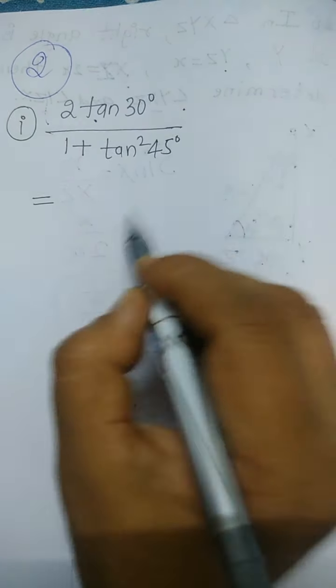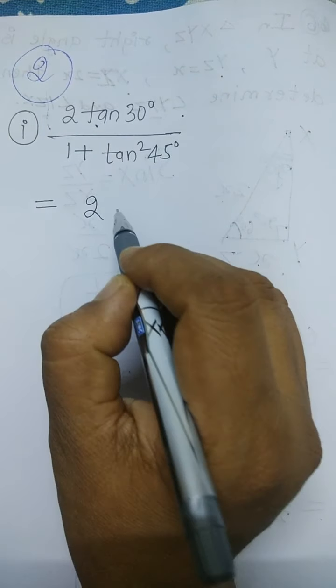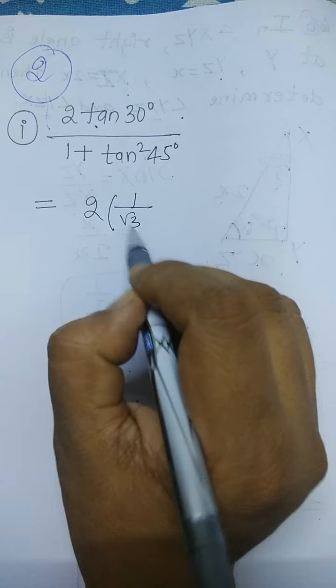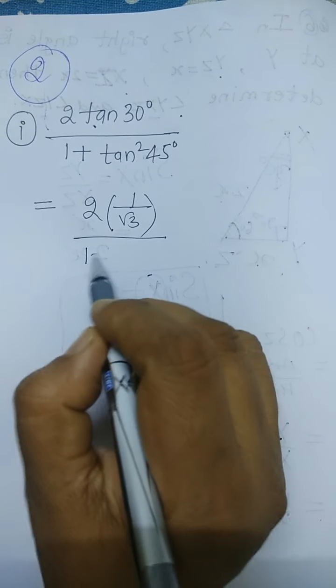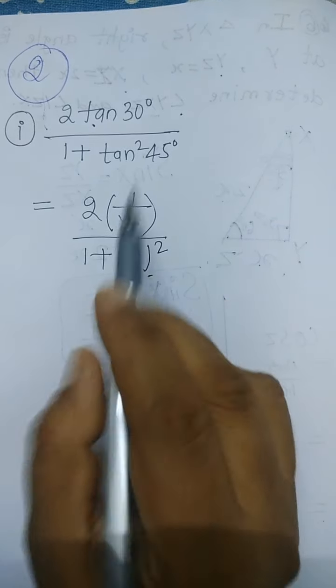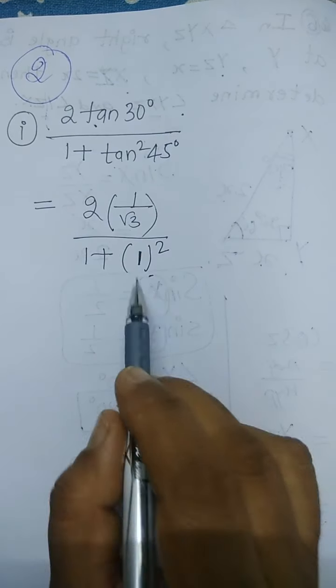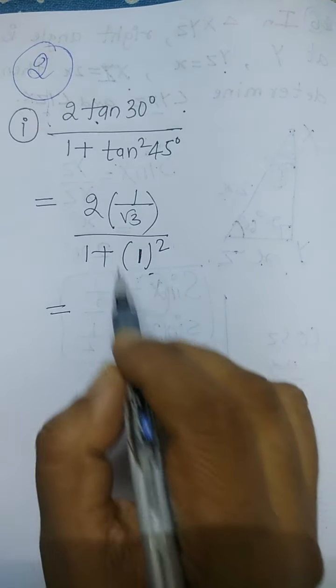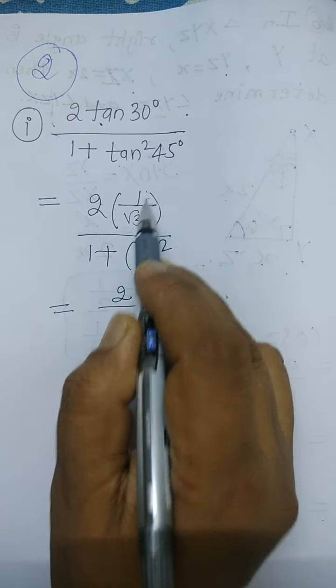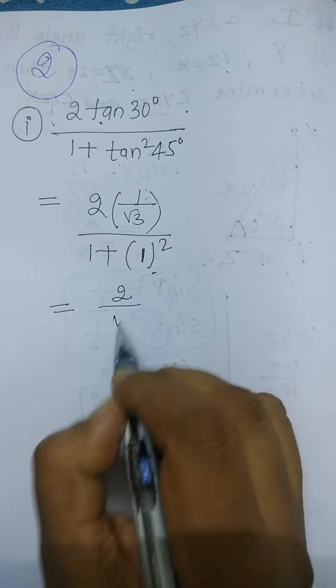So let us write here 2 tan 30 degrees. Tan 30 degrees value is 1 upon root 3, whole upon 1 plus tan 45 degrees, which is 1, so 1 square. Here 2 ones are 2. Multiply this 2 only with the numerator, not with the denominator.